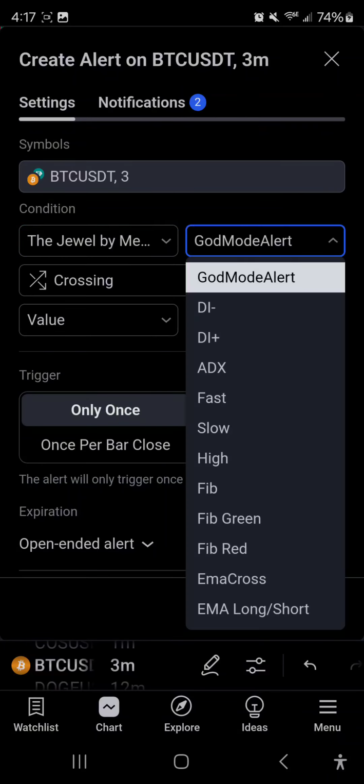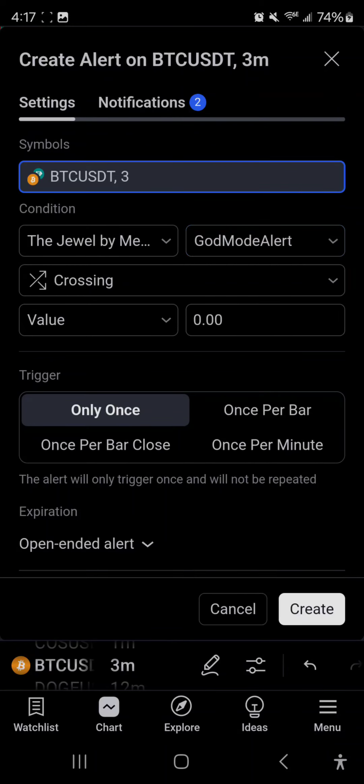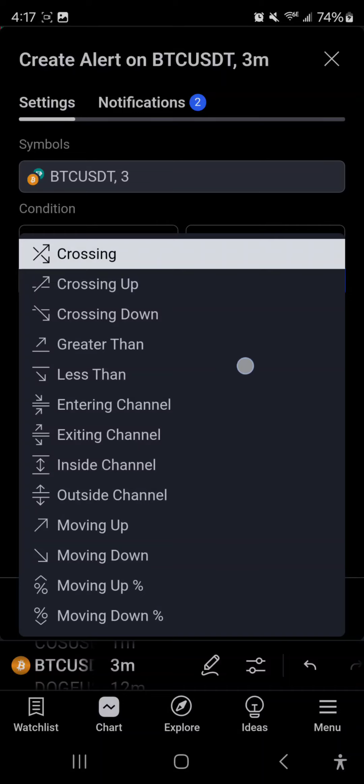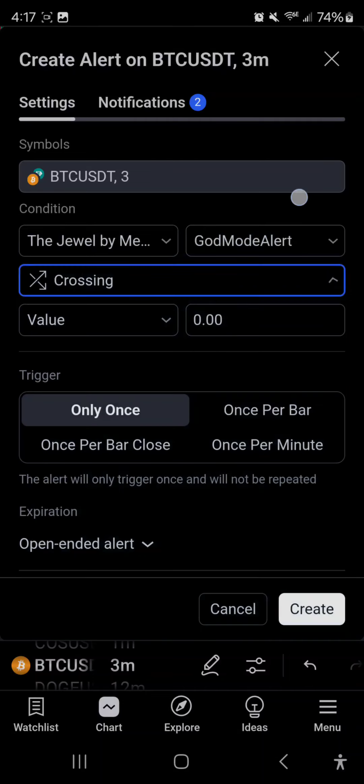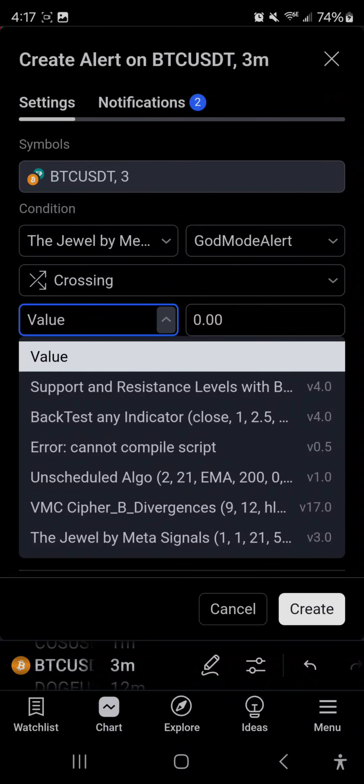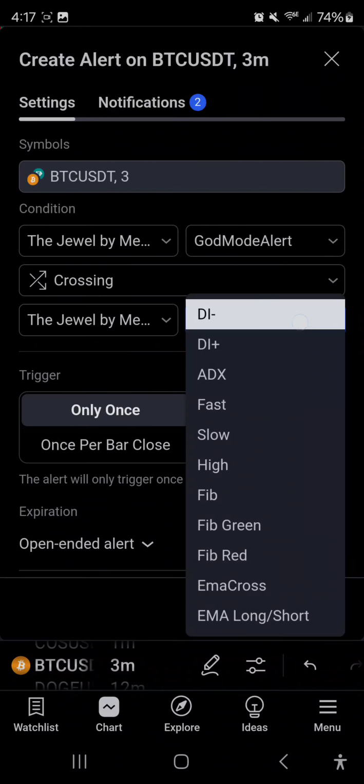Well, we could do God Mode, we could do fast, that's the turquoise, slow, which is the purple, high, which is the yellow, we have the fib green, fib red, and the other stuff you can just ignore. The God Mode, as I said in the beginning, is those green and red vertical bars, and you should hopefully know TradingView options for conditions here, and then values. Again, it's Jewel values.